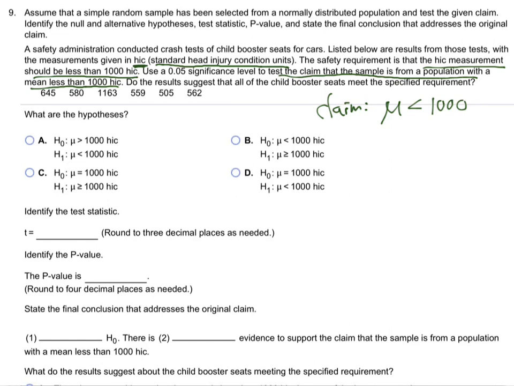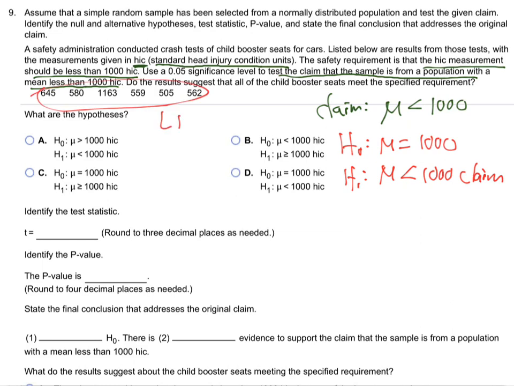All right. So what's H0? H0's always equal. So the claim is the H1 this time, isn't it? Put the stuff in your calculator. Put this in L1. Let's do the test. So we go to the t-test, and we have the mu0 is 1,000.